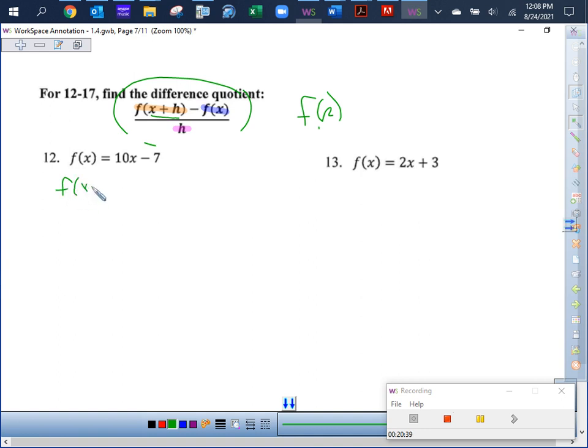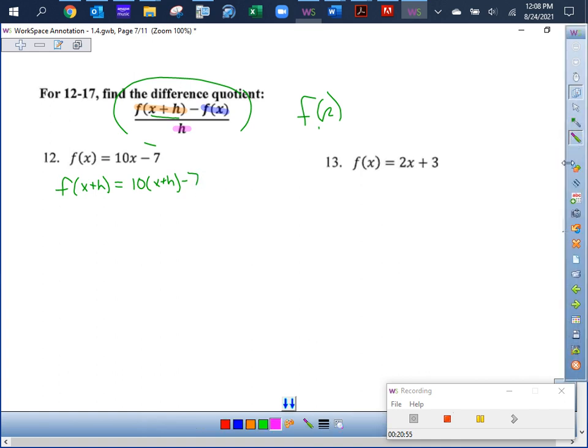F of x plus h equals 10, and then you're going to put parentheses wherever x is because we're subbing in a quantity, times x plus h, minus 7. That's weird. Where there was an x, we put x plus h in its place. You're kind of down with that, right? It's weird, but see what I did.